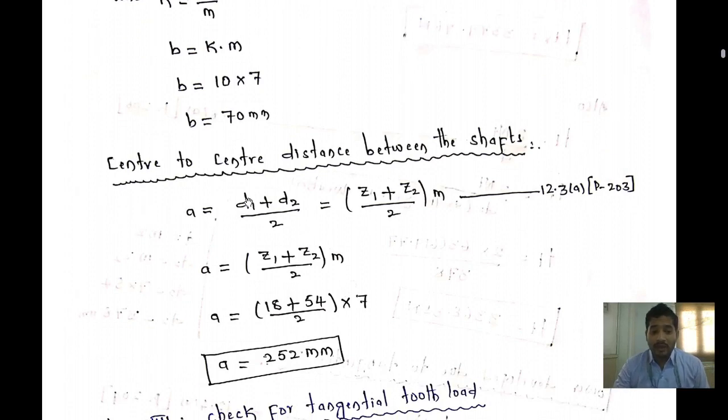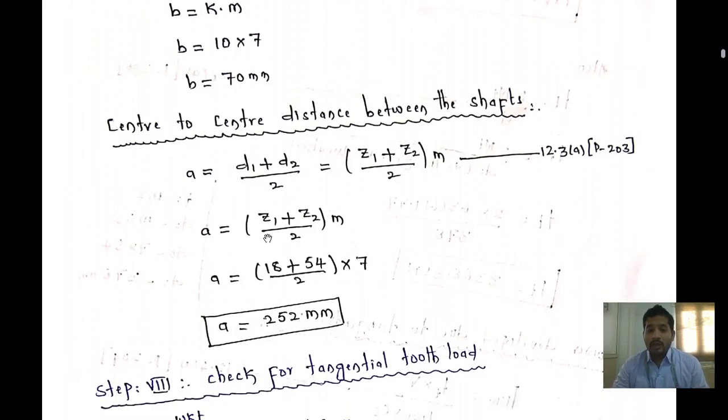D1 is the diameter of the pinion plus D2, the diameter of the gear, by 2. Instead of D1, we can use Z1 into M, Z2 into M. We can use this from page number 203, equation 12.3a. Clear?